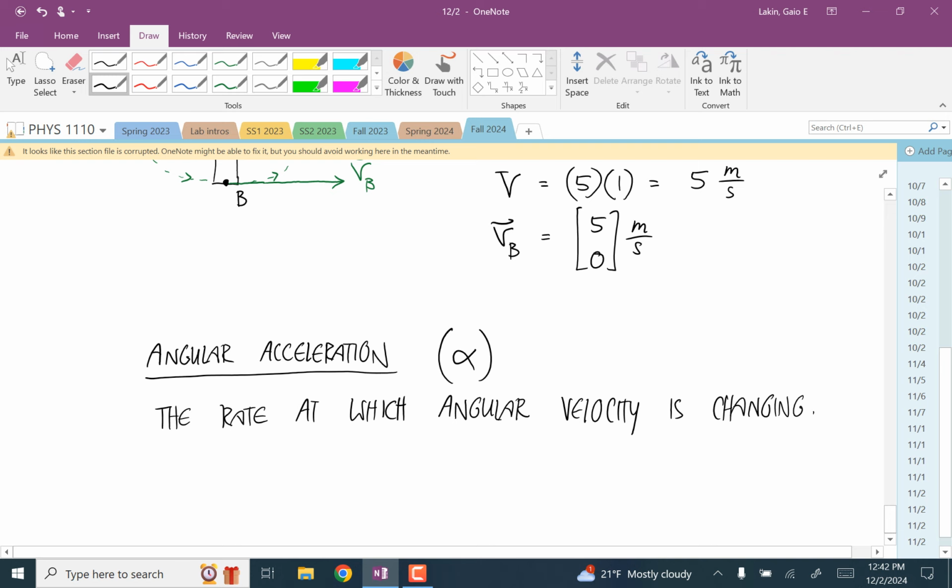So if you have constant angular velocity, it's not changing at all, and so you have zero angular acceleration.